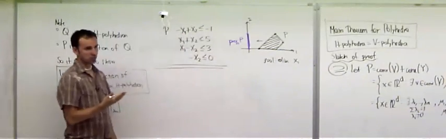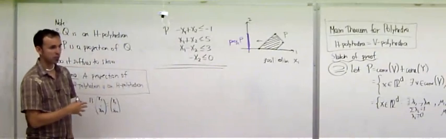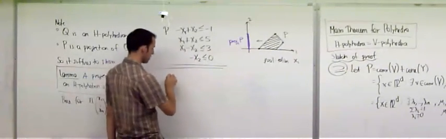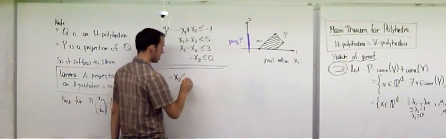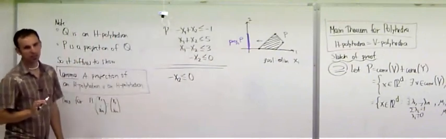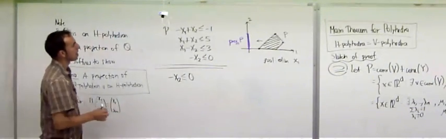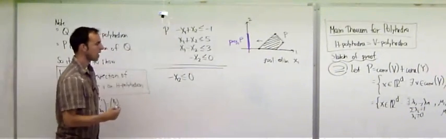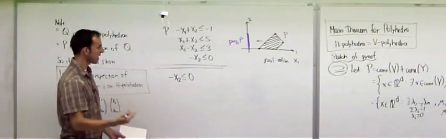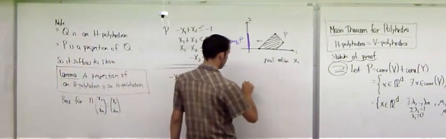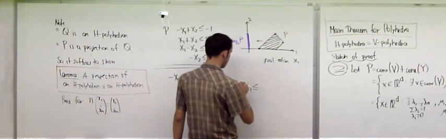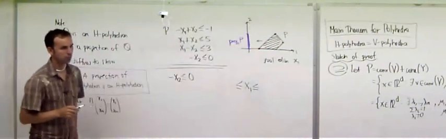First, I'm going to consider the ones that don't involve x1, and I'm going to leave those alone. So this one doesn't involve x1, and I leave it alone. And the other ones, I'm going to just isolate x1 and say either x1 is less than or equal to something, or x1 is bigger than or equal to something. You can always do that, right?